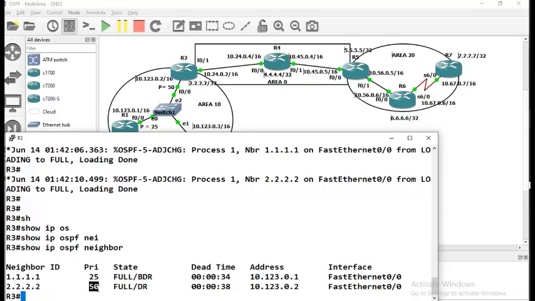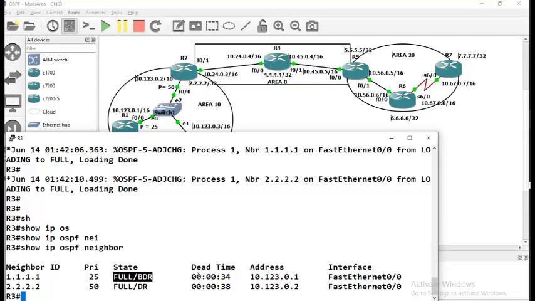I can see from anywhere within this layer 2 domain, this broadcast, that 50 is configured on R2 and 25 is configured on R1. As a result, router 2 is the DR, router 1 is the BDR.